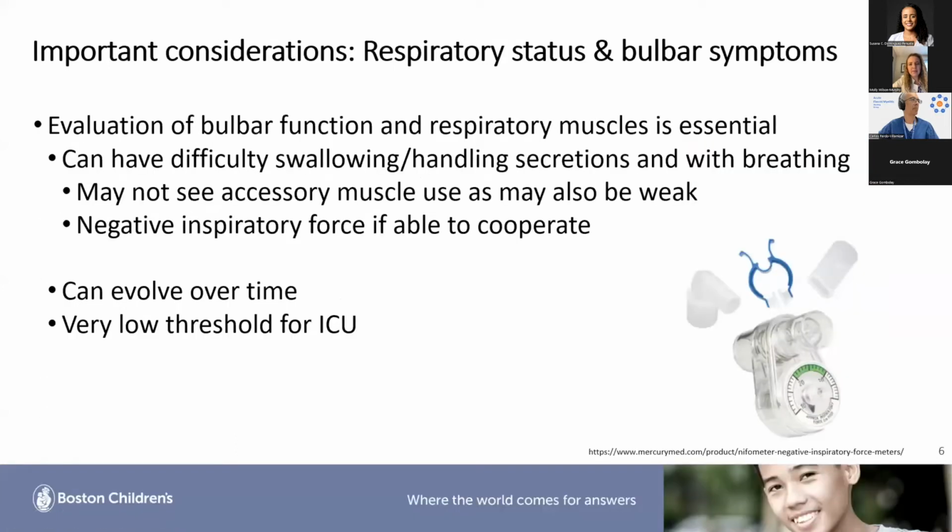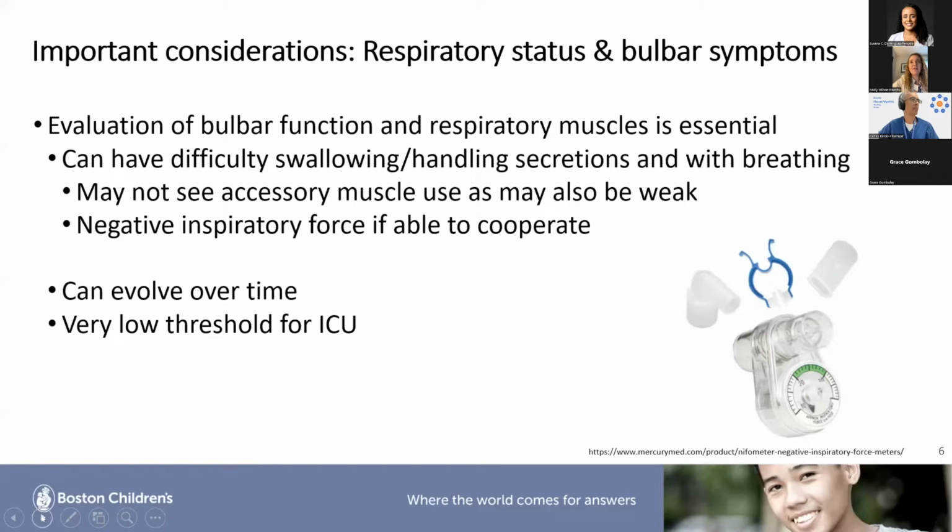Important considerations when evaluating a patient and doing your exam would be their respiratory status and their bulbar symptoms. An evaluation for bulbar function and respiratory muscles is essential with all of these patients. They can have difficulty swallowing or handling secretions and with breathing.